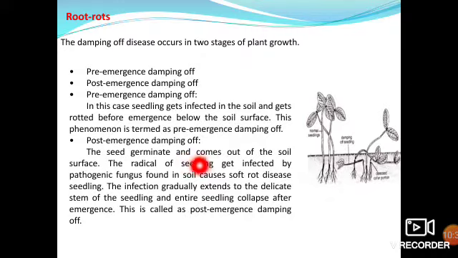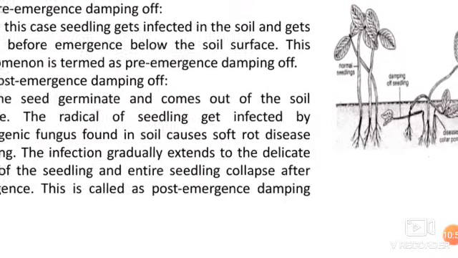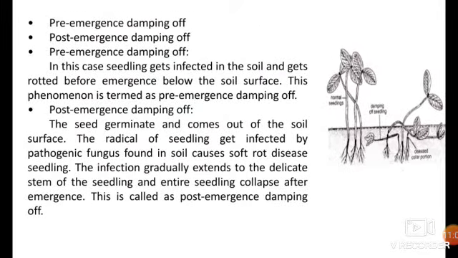Here the seed germinates and comes out of the soil surface. The radicle of the seedling gets infected by a pathogenic fungus found in the soil, causing soft rot disease. The infection gradually extends to the delicate stem of the seedling, and the entire seedling collapses after emergence. This is called post-emergence damping off.